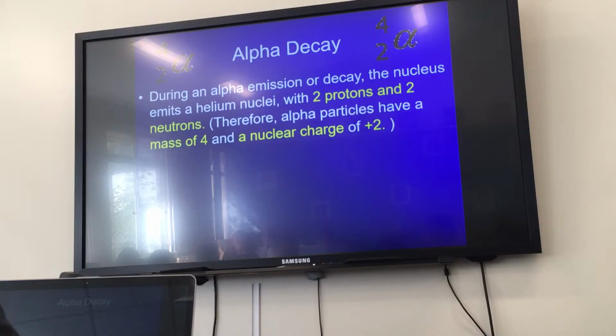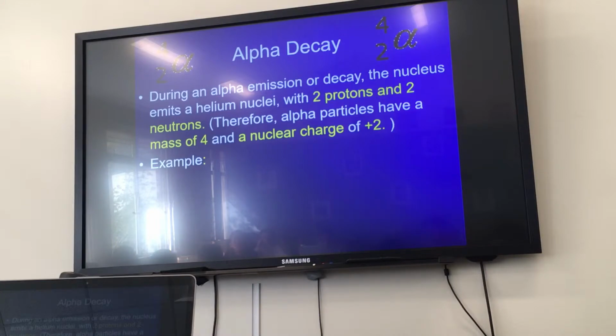Alpha decay is where you peel off 2 protons and 2 neutrons.